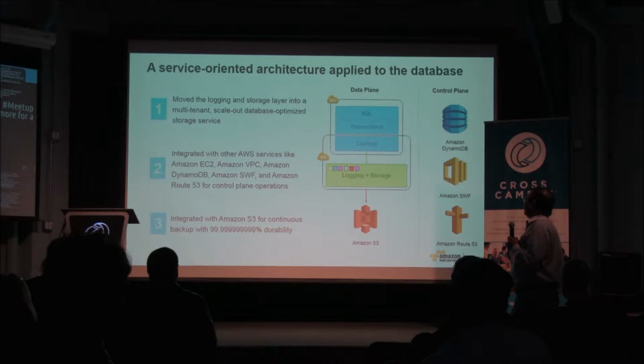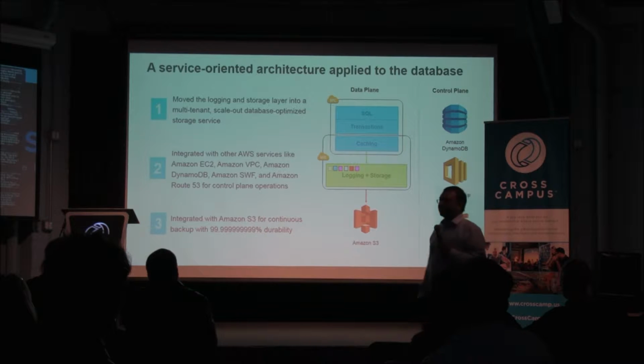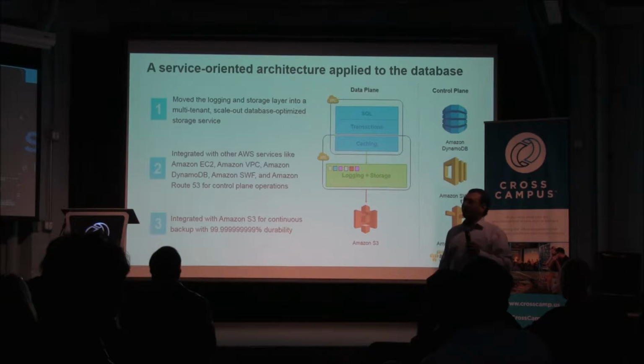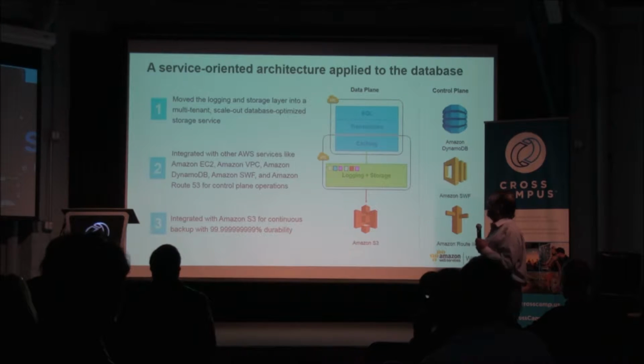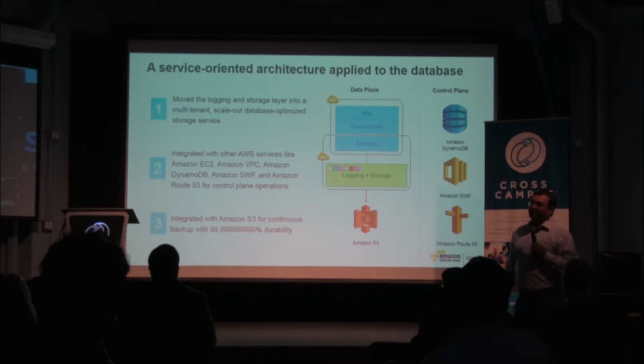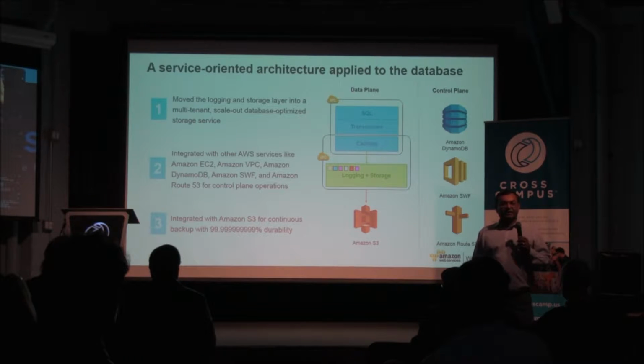So that brings us into the architecture a little bit. What is the specific difference between the Aurora architecture and the traditional database architecture? Database architecture in general hasn't really changed in the last 30 years.